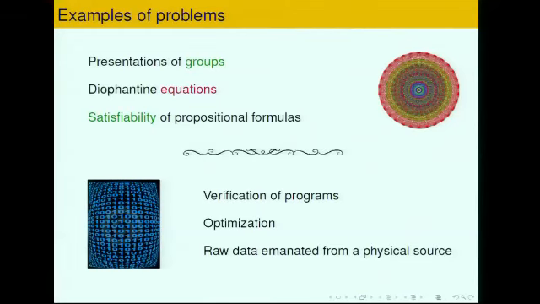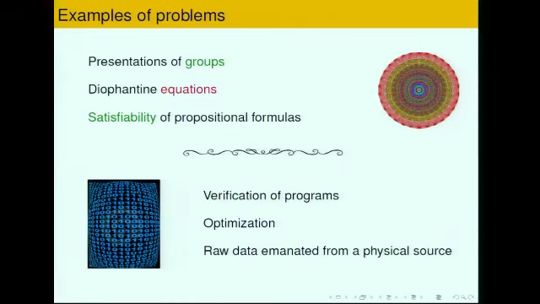Some examples of problems from mathematics and computer science come from presentations of groups. Given a presentation of a group, with some equations, words, determine whether a word is the identity; given two presentations, determine if they represent the same or isomorphic groups, and so on. Given a Diophantine equation, determine whether it has a zero or not, or given a propositional formula, whether it has a satisfying assignment.